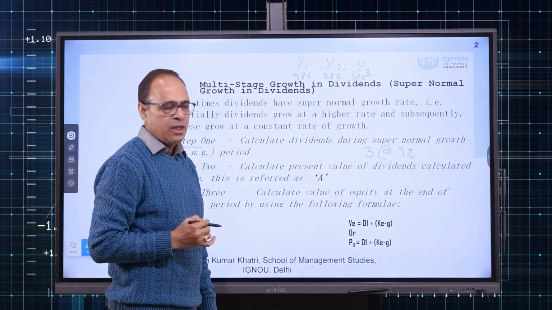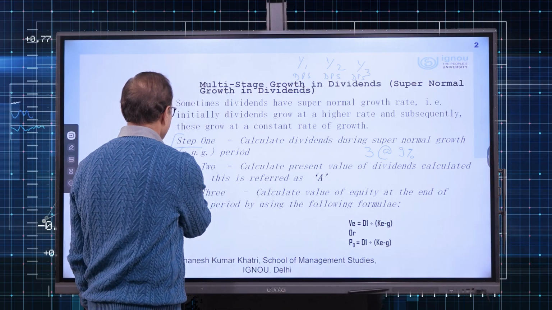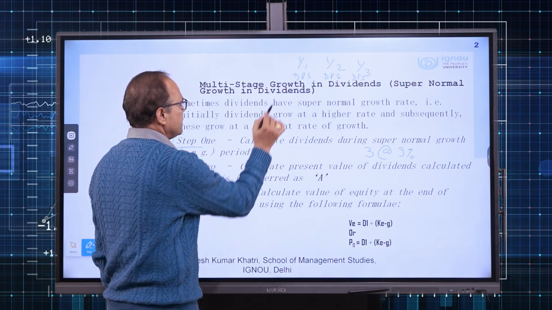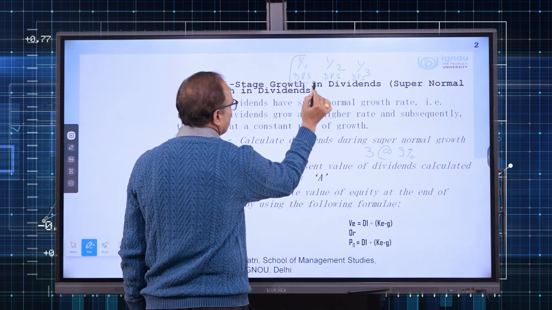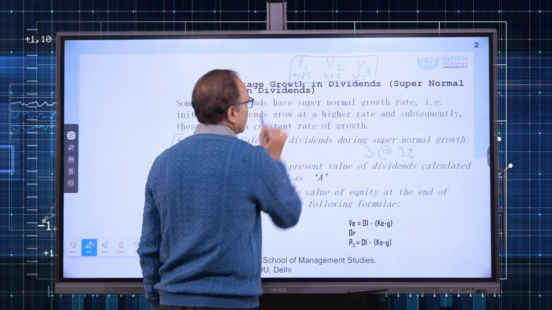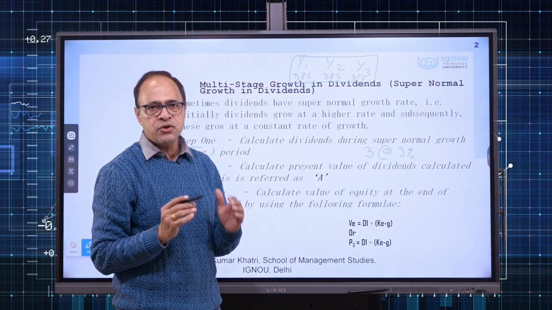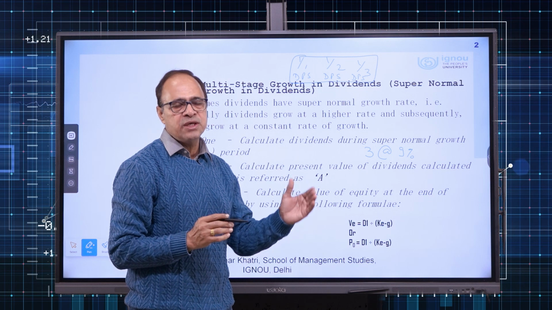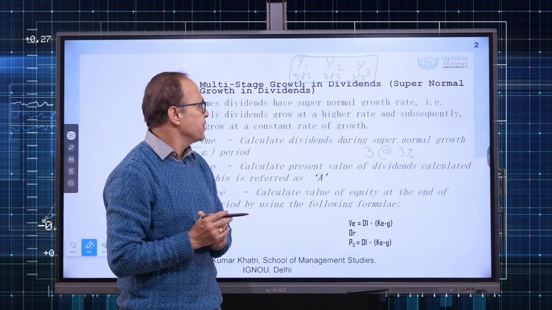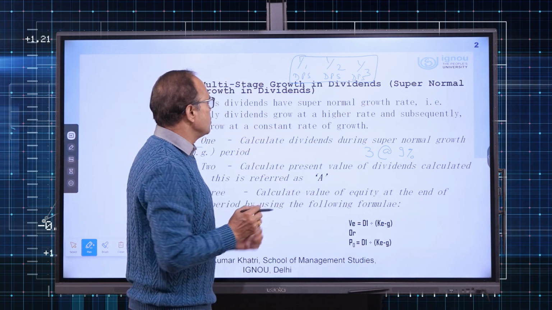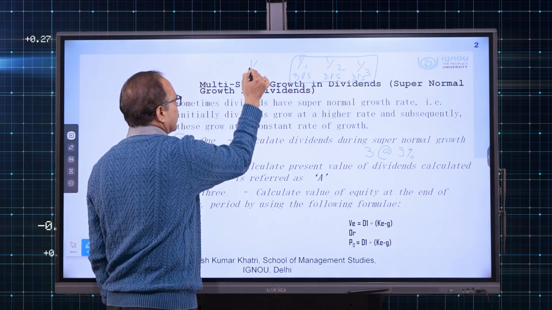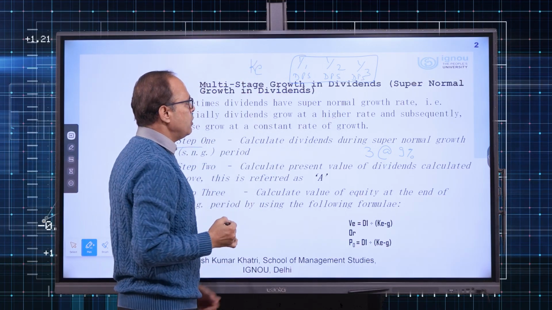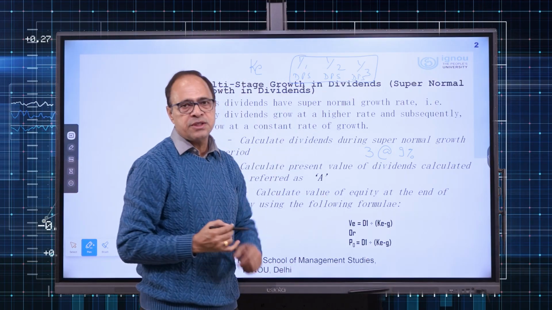And then step number 2, whatever these dividends we have calculated during supernormal growth period, I have taken supernormal growth period is only for 3 years. Sometimes it may be 5 years, 4 years depending upon the question. So, using investors required rate of return, which is KE, we will be calculating present value of all these dividends.